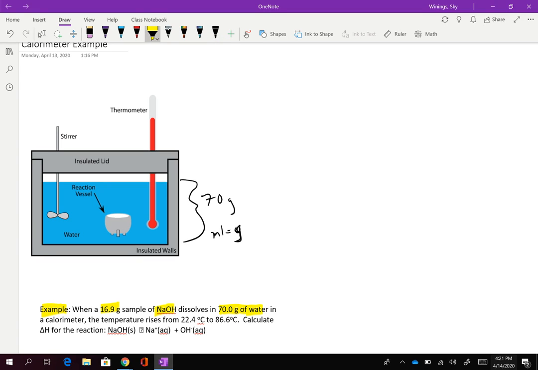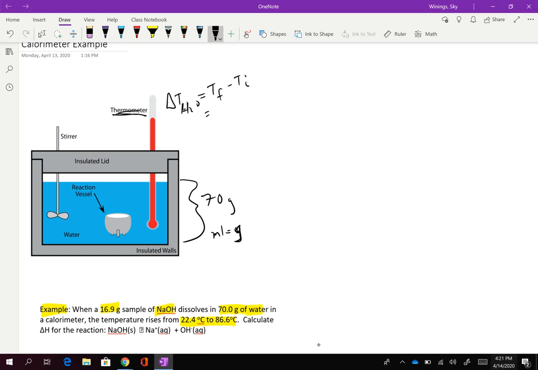Let's find some more variables here. It says the temperature of the water rises from 22.4 to 86.6 degrees. That came from the thermometer right here. So our delta T for water is equal to our T final minus our T initial.